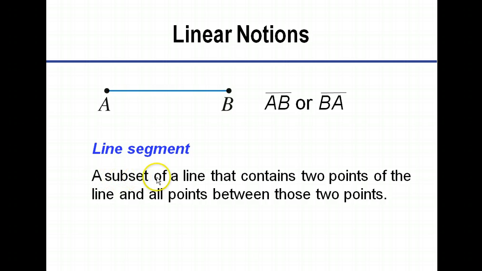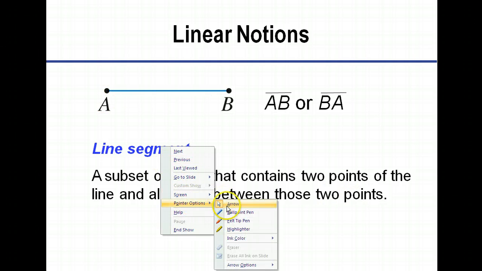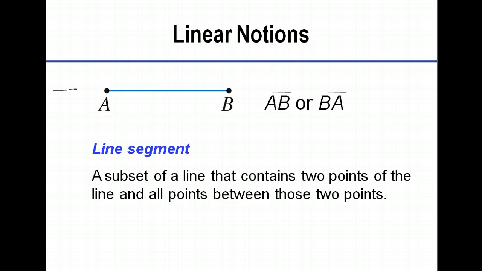A line segment is just a subset of a line that contains 2 points of the line and all points between those 2 points. So the idea is that we have a line segment AB here, and if we continued the line, A is a point on a line L, B is a point on line L, and the line segment AB, written here with the notation I just used, is the line segment terminated at A and B, and it consists of all the points between.